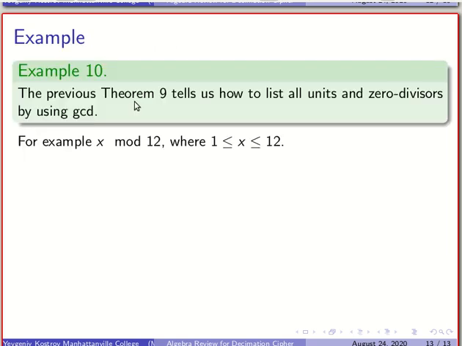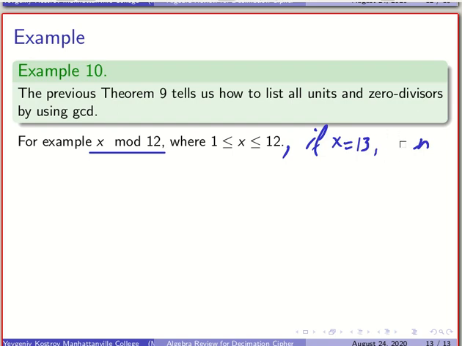So let's use this theorem 9 to tell us what the units and zero divisors are by using GCD. So if we take x mod 12, where x is between 1 and 12, what happens if x is 13? Why do I only take numbers between 1 and 12? If x is equal to 13, then we can do modular simplification.